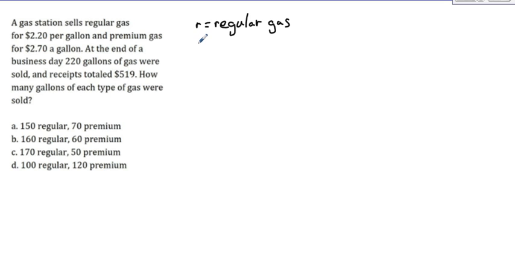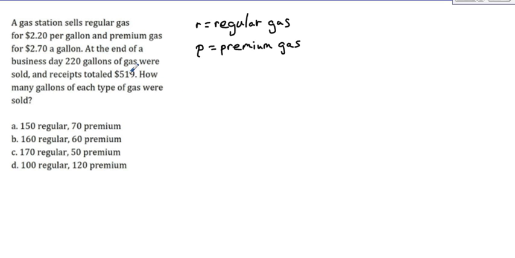The next thing I'm going to state is that P stands for the amount of premium gas. Okay, so we have two defined variables here, and we're going to set up equations involving these two variables.